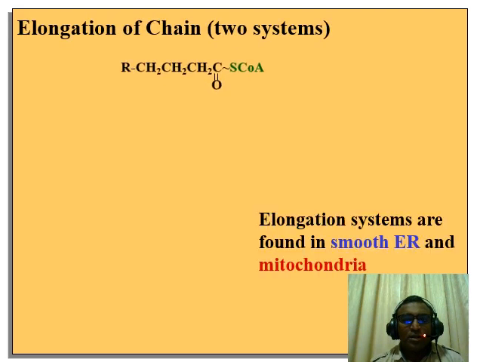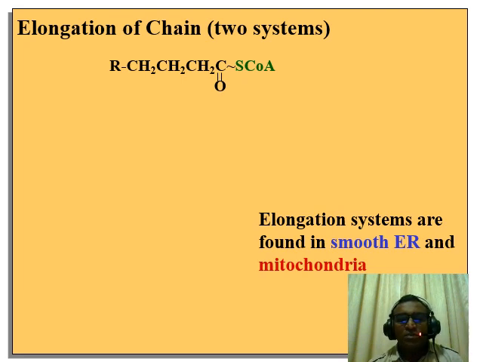To describe the process of elongation it is best to see from this next slide, where the elongation takes place in two systems, that is mitochondria and also the smooth endoplasmic reticulum. So assuming now you have the palmityl-CoA, 16 carbon, already formed by the effect of ACC as well as fatty acid synthase, it now moves into either mitochondria or smooth endoplasmic reticulum from the cytoplasm.